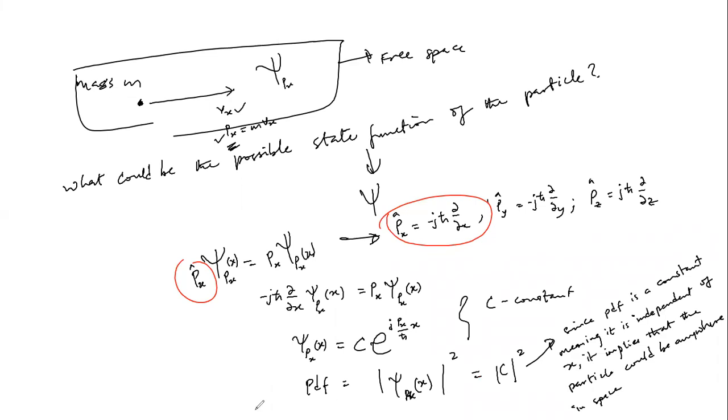And put differently, according to Heisenberg's uncertainty principle, if the linear momentum of the particle is known precisely to be of some value, say p sub x, then since it is known, it means that the uncertainty in p sub x is 0.